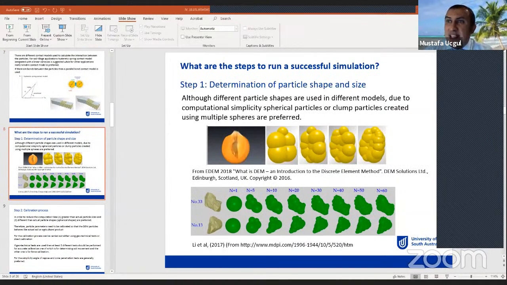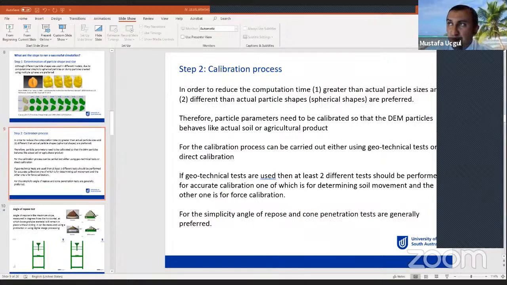So what are the steps to run a successful simulation? The first thing we need to do is create the exact shape of the particle, or a very close shape of the particle. To do so, we can use spheres because of their computational simplicity, and then we can combine them to get the desired particles.